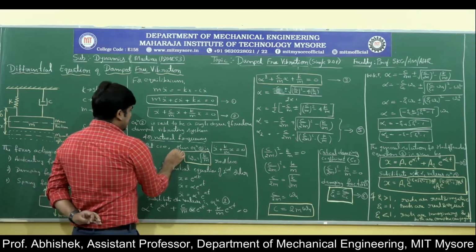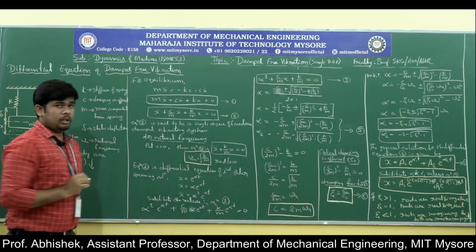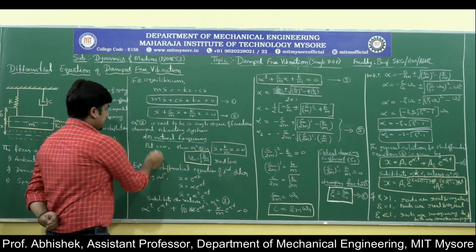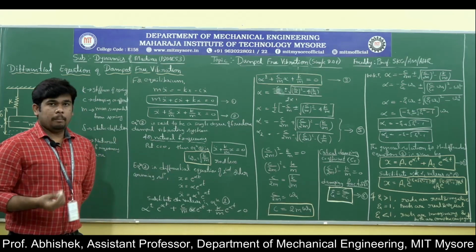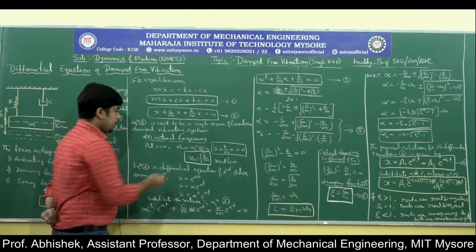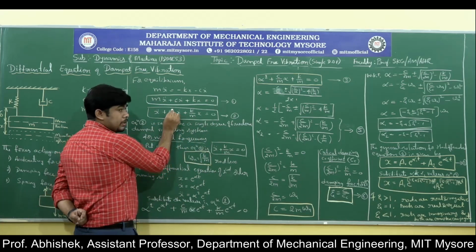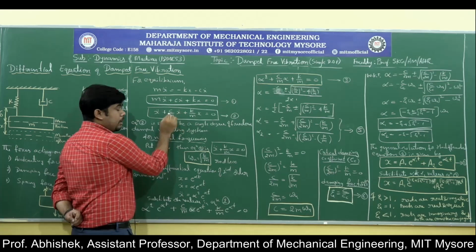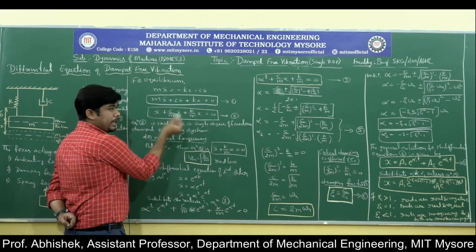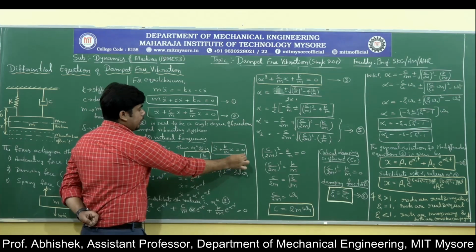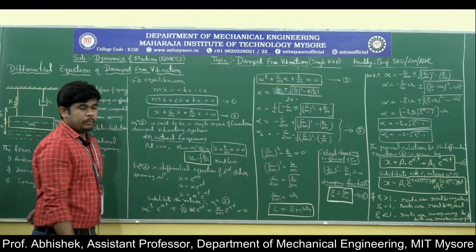Now suppose I want the natural frequency, omega n. For that, c will be 0, because it is the natural frequency. Then equation 2 becomes, if I put 0 in place of c, the whole damping term becomes 0. The remaining terms are x double dot plus k by m into x equal to 0.